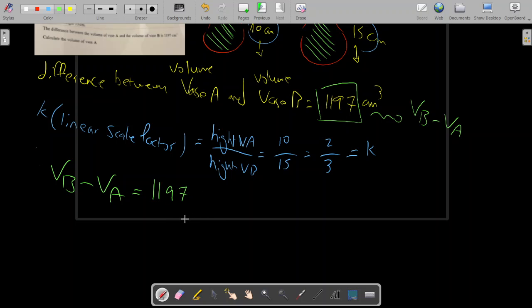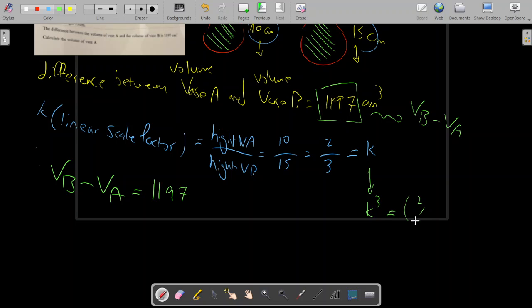Now what do I do with this? Since we are dealing with volume, we can find out K cubed. Since we don't have anything related to the area, we just do K cubed directly.